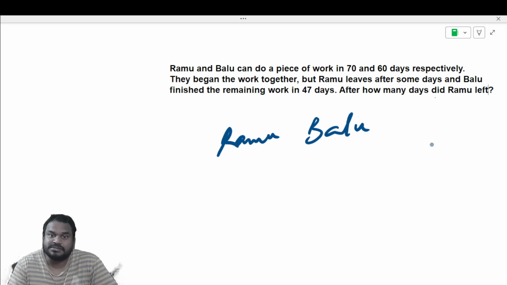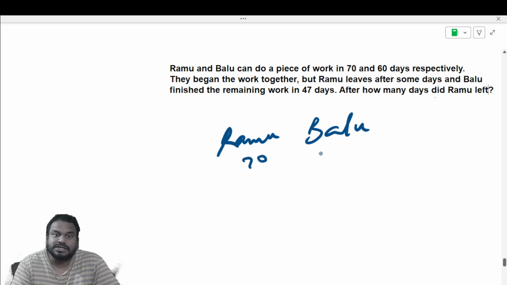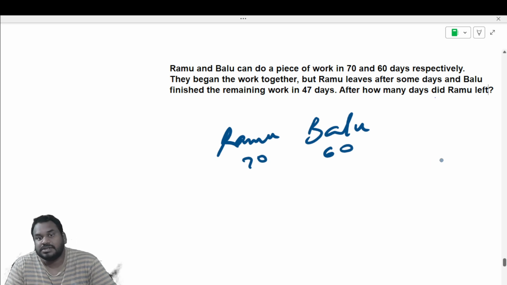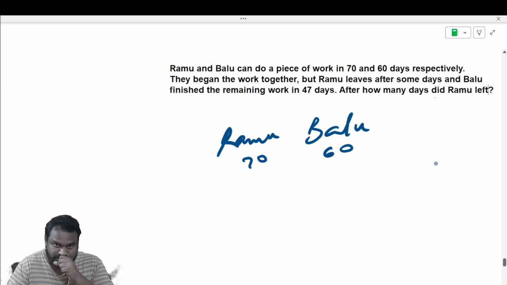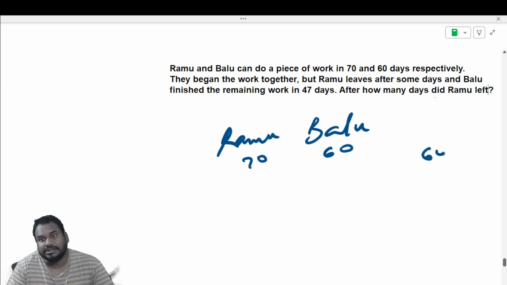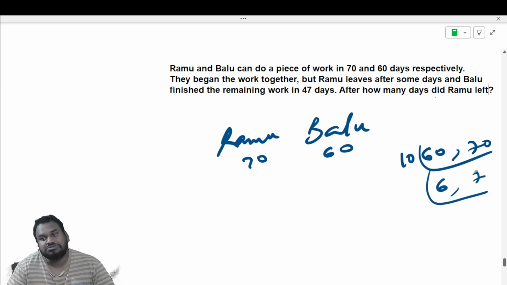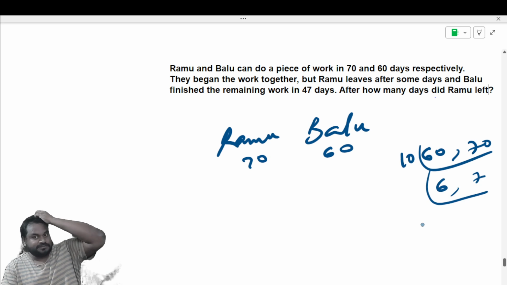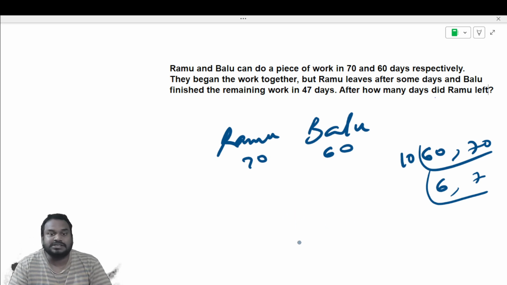Find out their LCM. So 70 and 60. Their LCM is nothing but their multiplication, or else you can do it like this: 60, 70, you can work with only 10, so 10, 6, 10, 7. So 420 is the LCM.